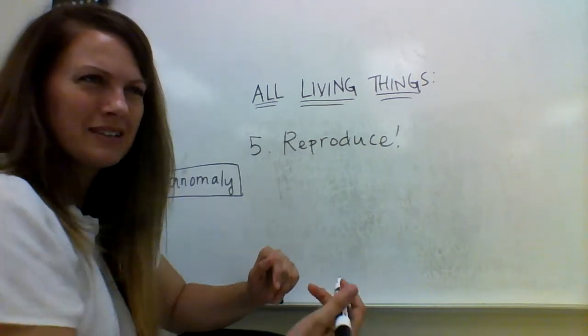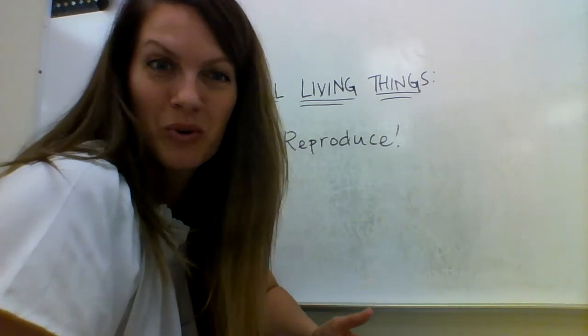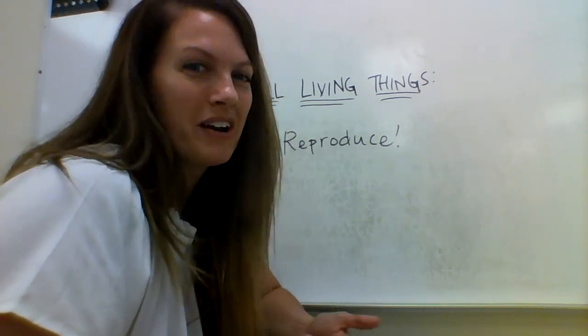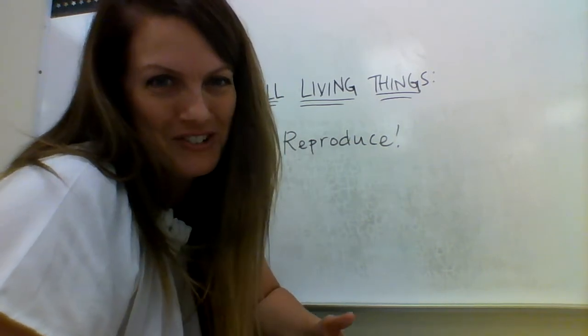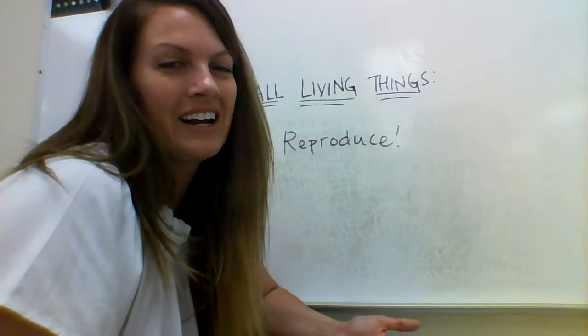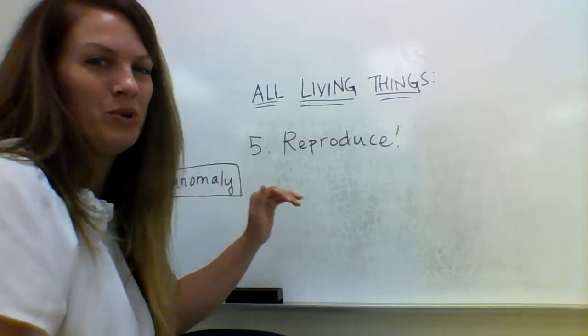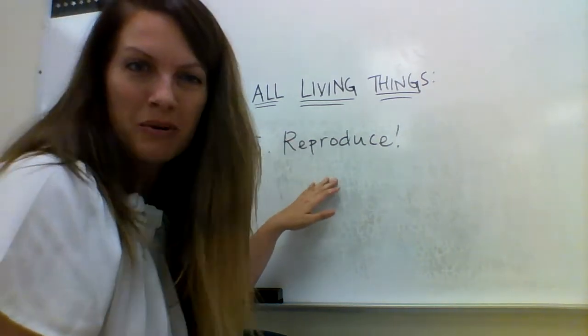I hope that makes sense. Another example is a mule, right? A mule is a cross between a horse and a donkey. You may not know this, but mules are sterile. They actually can't have any offspring. But mules are very much living things. Just because of the way that they're produced, they can't actually have offspring. Mules are an anomaly.